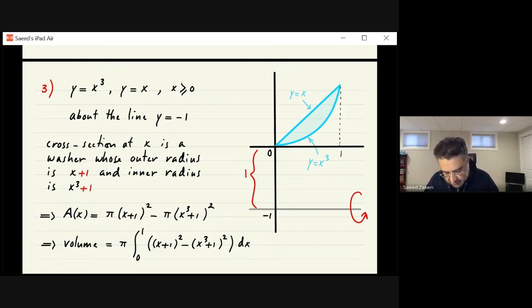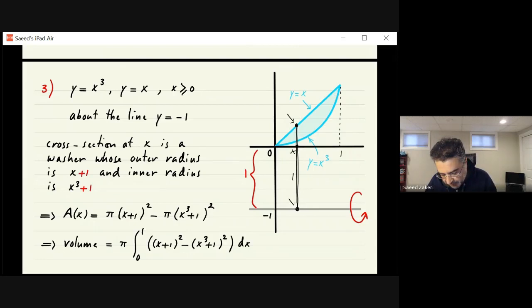That's clear because, one more time, if I cut this thing at some x, this distance is x. Now I have to add 1 to it, and that's going to be my outer radius. From here to here, that's my outer radius, which is what it used to be, namely x plus this extra 1. So that's why the outer radius is x plus 1.